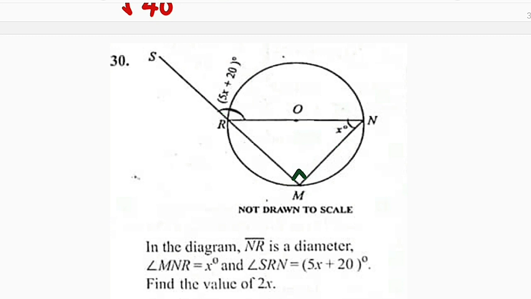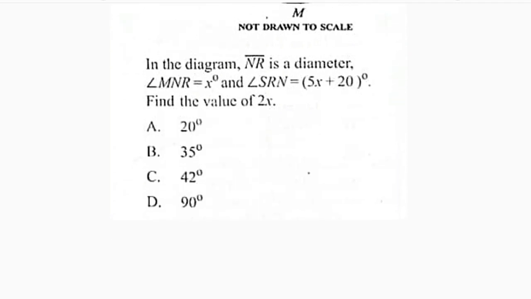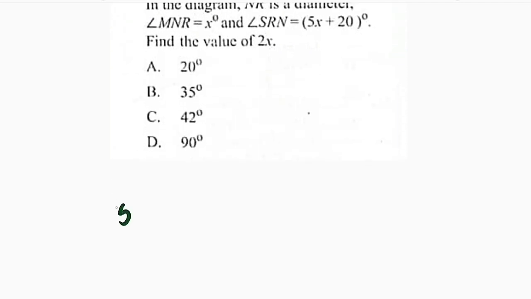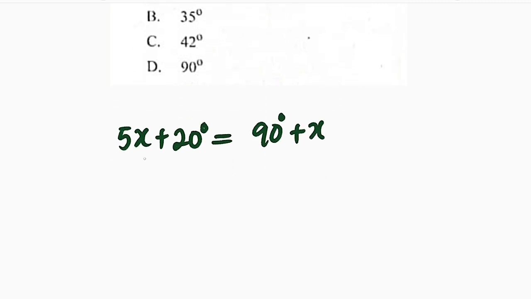So therefore, 5x plus 20 must be equal to 90 plus x. By collecting the like terms, we have 5x. If this crosses over, it becomes negative, equal to 90 degrees.